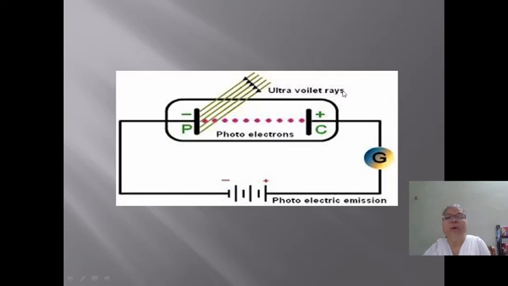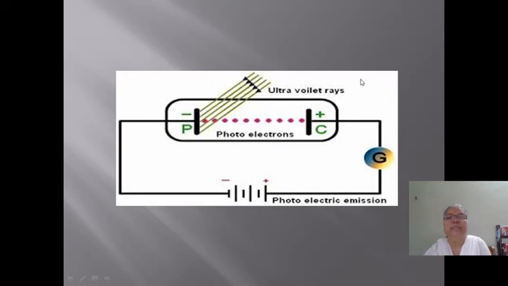When UV or visible light is incident on the metal plate, as soon as the incident light strikes the metal surface, electrons are ejected, and these electrons are called photoelectrons. The cathode and anode, that means the negative electrode and positive electrode, are connected through a battery, and the current passed is measured in this galvanometer. Here the current passed in this circuit is due to photoelectrons.